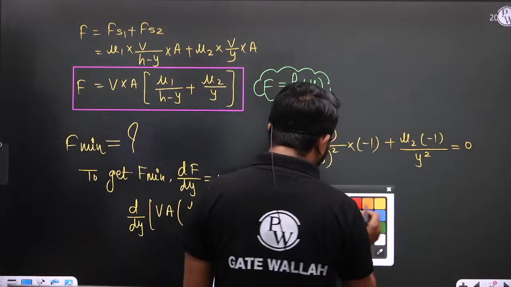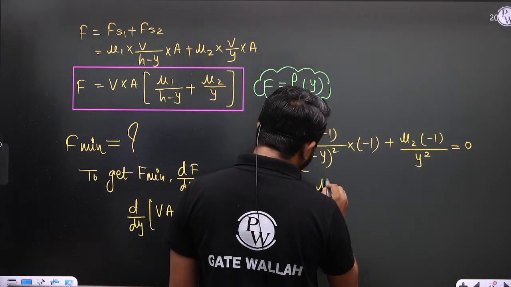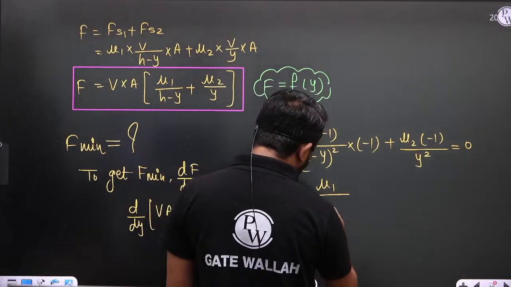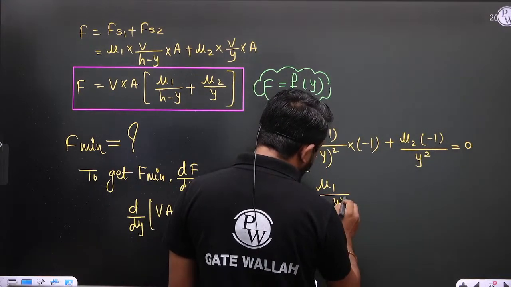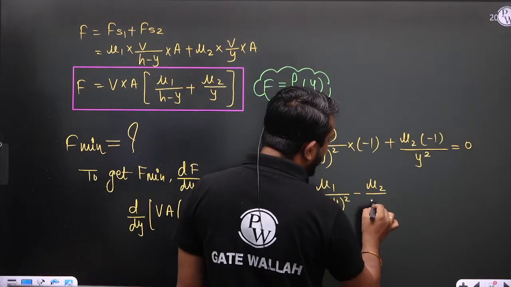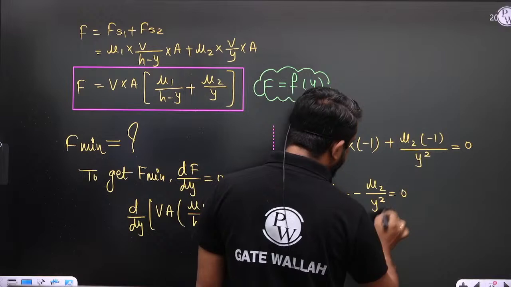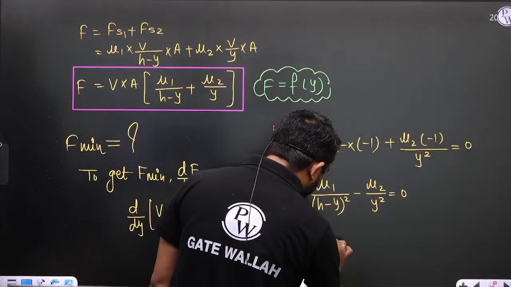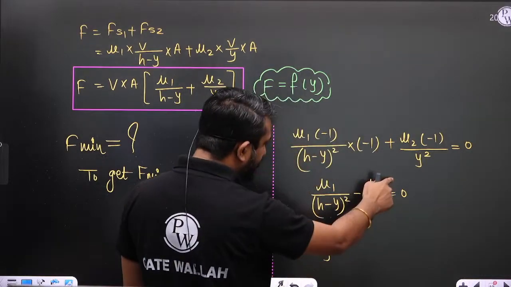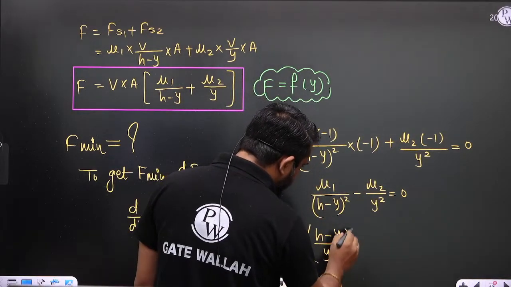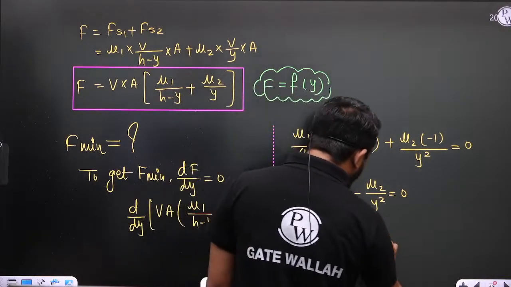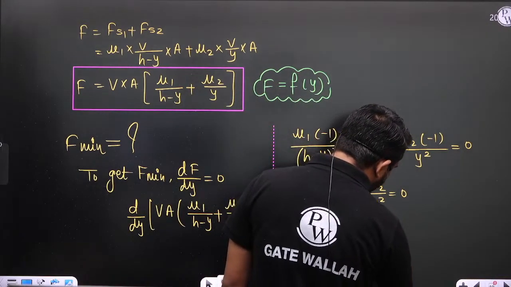Now see here, we can write minus 1 plus 1, so mu1 upon (H minus Y) whole square minus mu2 by Y square is equal to 0. Now (H minus Y) by Y whole square is equal to mu1 by mu2. Is it clear to everyone?